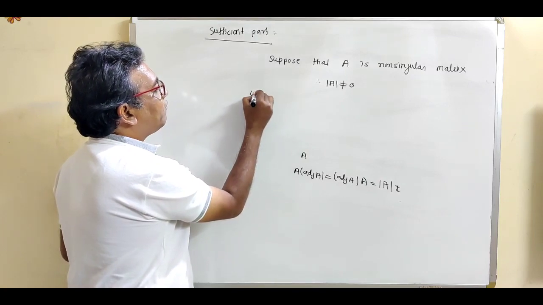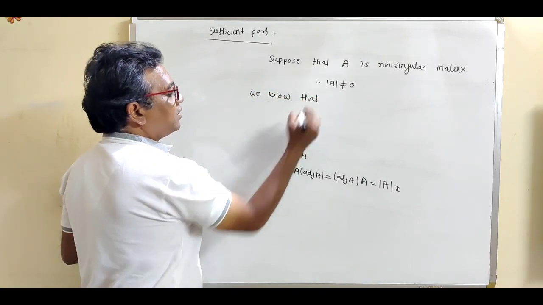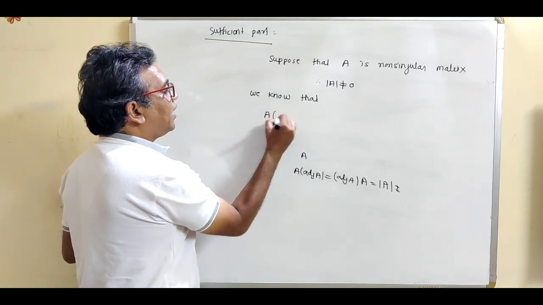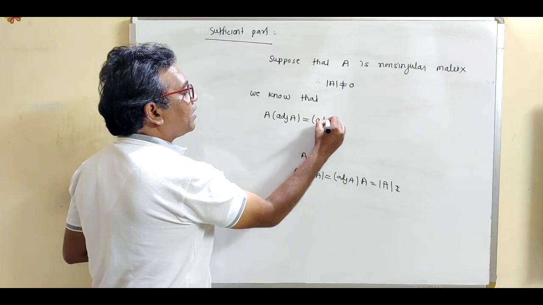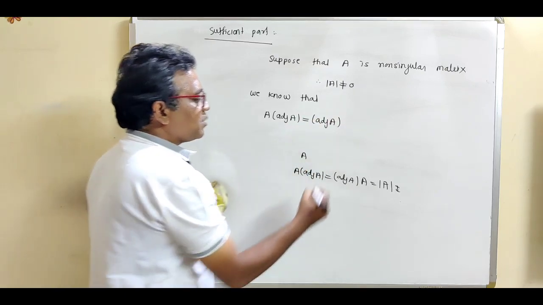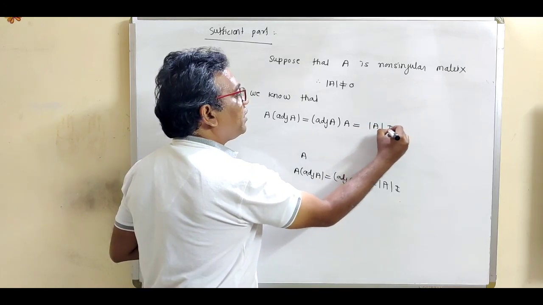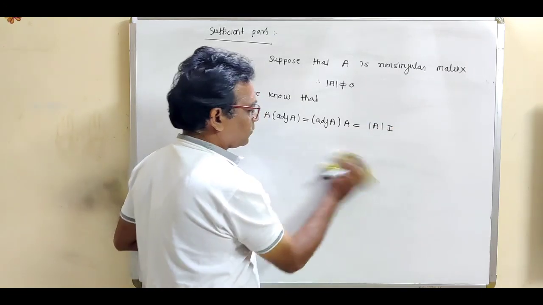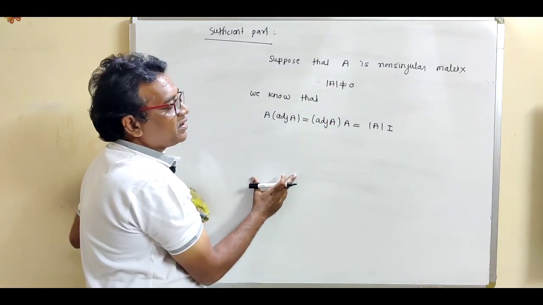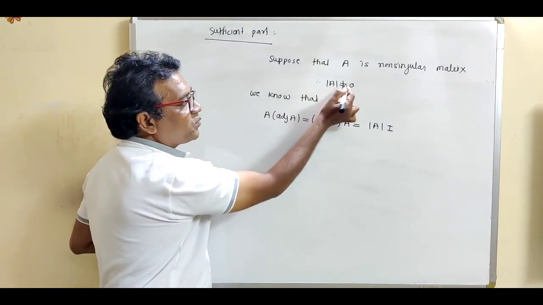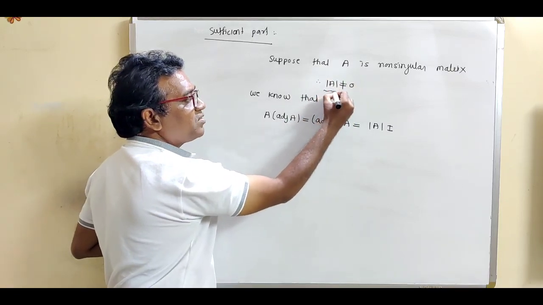So right here, we know that A into adjoint of A is same as adjoint of A into A is equal to determinant A into R. Now this A is the non-singular matrix. Non-singular matrix means determinant of A not equal to 0. Non-zero number means we can divide by this quantity.